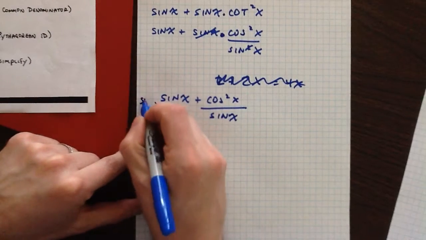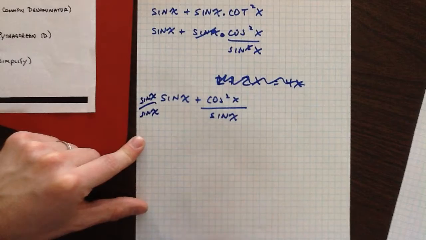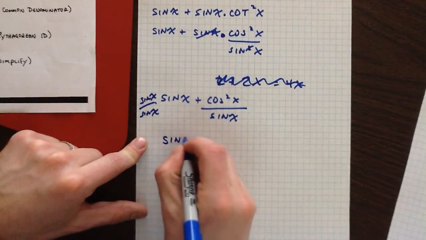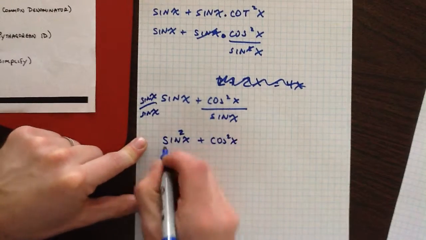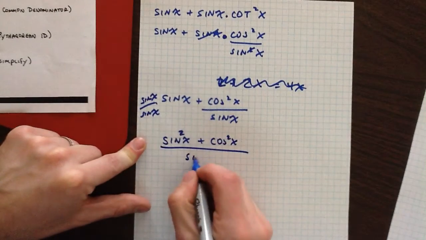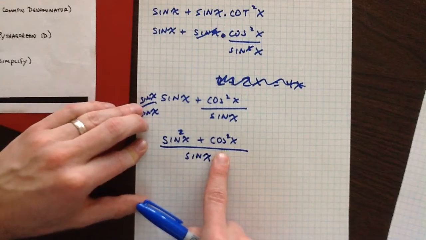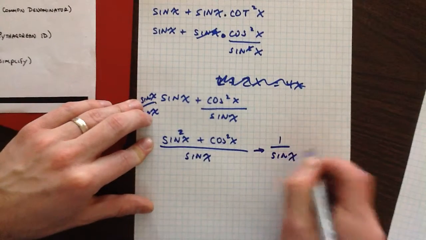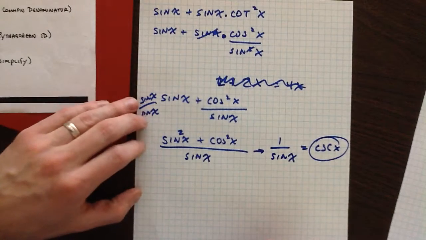Well, if we multiply by sine over sine, common denominator, that is 1. We're allowed to multiply by 1. That's going to get us sine squared plus cosine squared over sine. And what we just saw, sine squared plus cosine squared, what do we get? That is 1 over sine, which is cosecant, just cosecant.